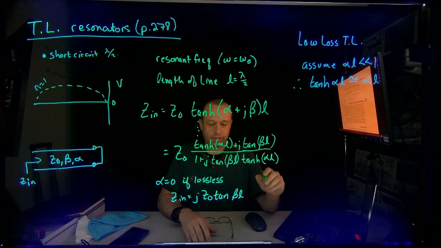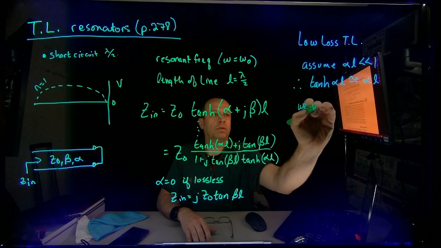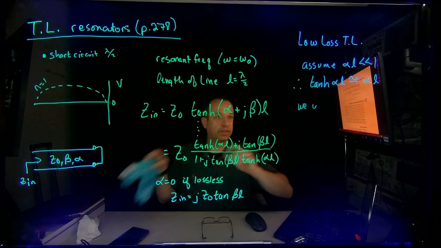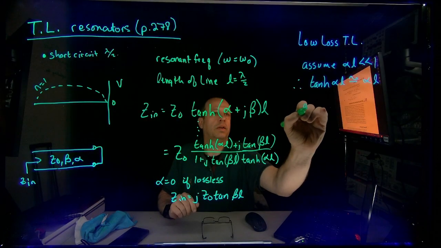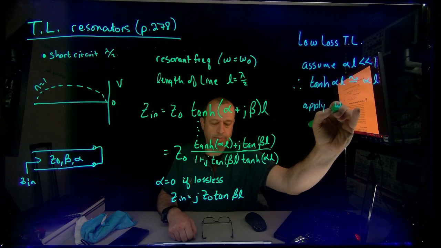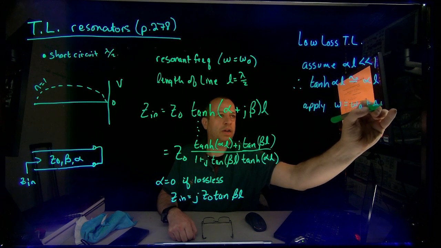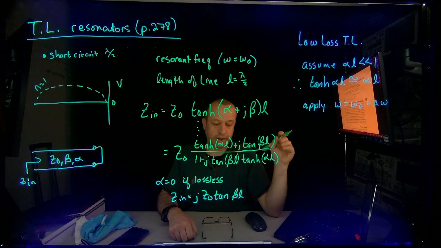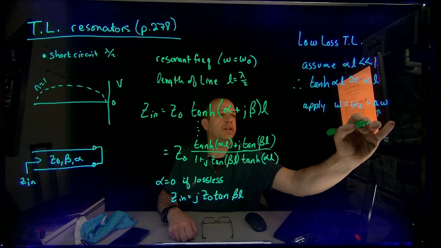Now we want to apply omega equals omega naught plus some differential in omega, some small deviation near resonance.